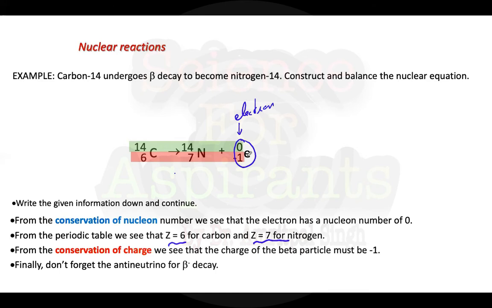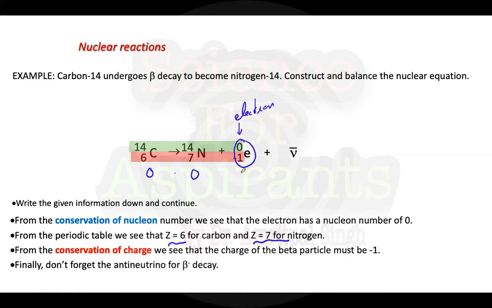Now here you can see whether there is a conservation of charge or not. Since carbon has 6 protons and 8 neutrons, the total spin is 0. Nitrogen, by the nuclear rule, is also equal to 0.